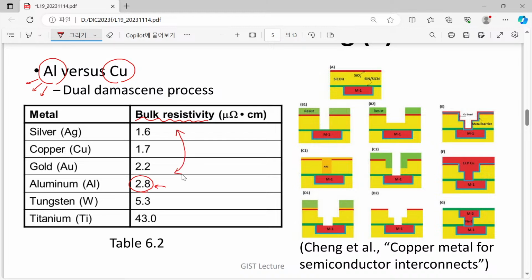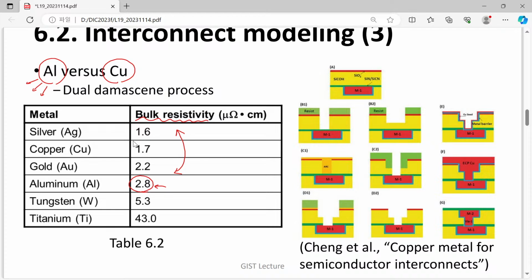But you can find that silver or gold have lower bulk resistivity, but they are noble metals. If we adopt this kind of material into mass production, then we may need a higher material cost for fabricating a given capability.